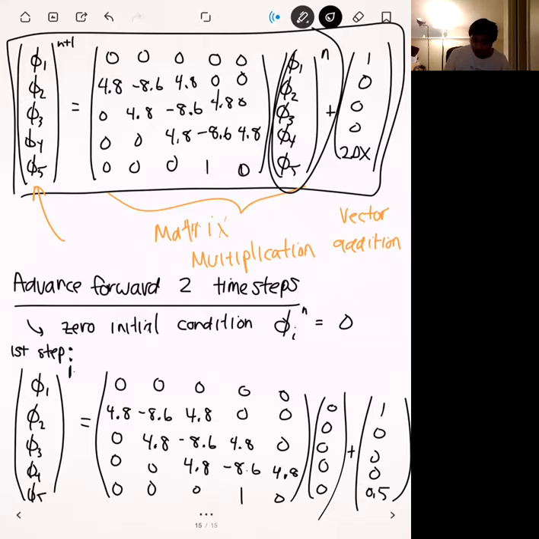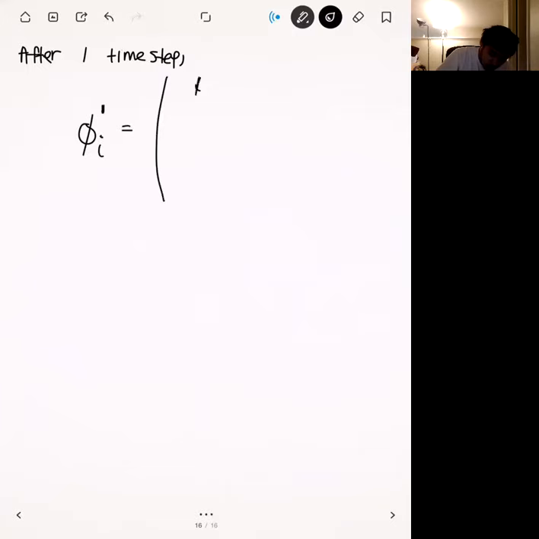And so after one time step, our solution, phi i at 1, is equal to 1, 0, 0, 0, 0.25. Because we started at a 0 initial condition, this is usually not that bad.